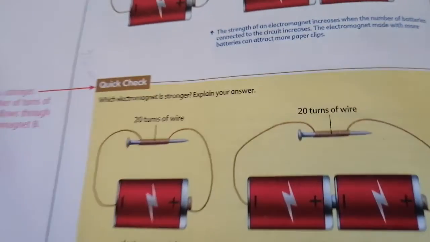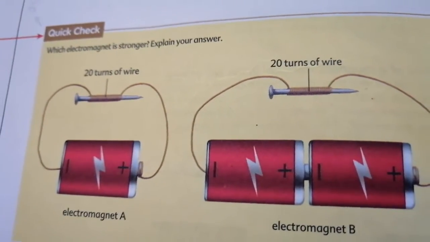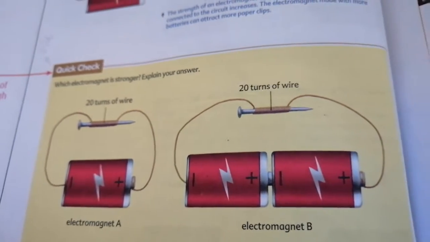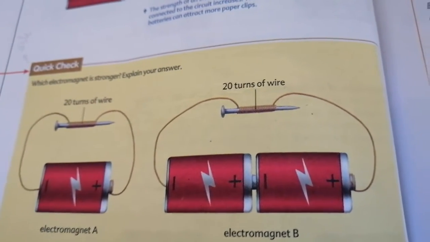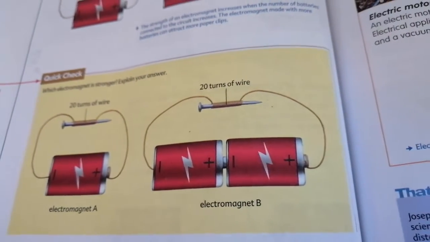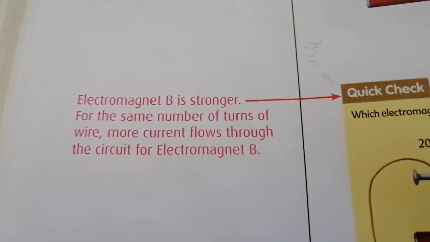The question asks which electromagnet is stronger. Explain your answer. Electromagnet A has 20 turns of wire and electromagnet B still has 20 turns of wire but has 2 batteries. So which one is stronger? The answer is electromagnet B is stronger.